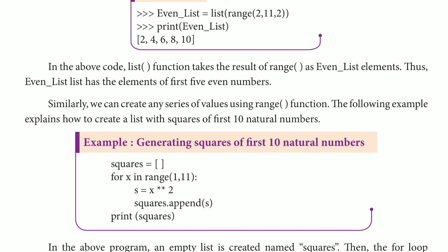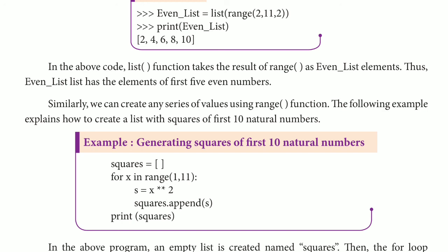Inside that no element is present. They are creating a loop here, for x in range 1, 11. So starting from 1 up to 10 it will create a value for x.